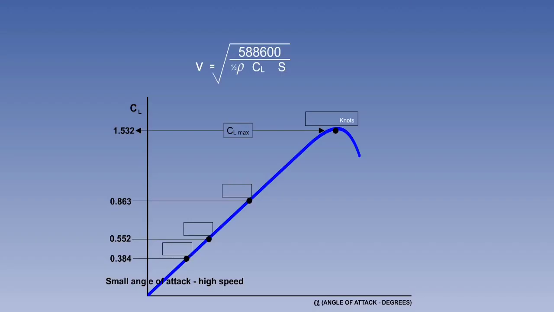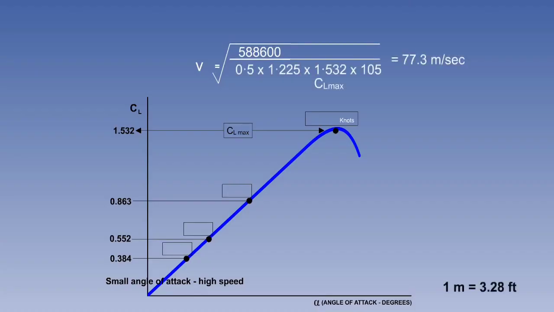The result is 588,600 newtons. If we convert the other elements, assuming EASA sea level density of 1.225 and a wing area of 105 square meters, using the CL max of 1.532, we now have the equation looking like this.